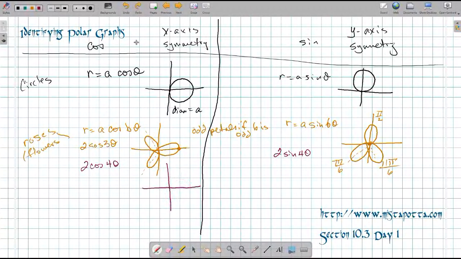That's not correct. This actually starts at the x-axis. It comes down here, and I'll actually end up seeing that I end up getting 8 petals.